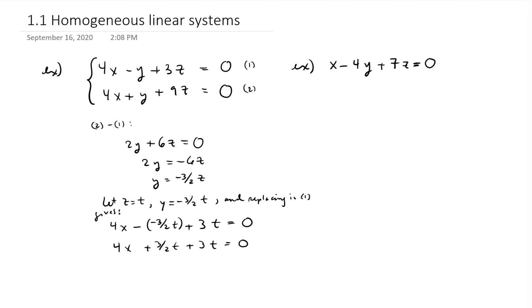I don't know why I wrote 3/2 up there. 6 divided by 2 is not 3/2, it's just 3. So minus 3z here, let's correct this. So this is minus 3t, and this is just 3t here. All right, this is better. So 4x plus 6t is 0, so 4x is minus 6t, and x is minus 3/2 of t. So this is why I got confused. x is minus 3/2 of t.